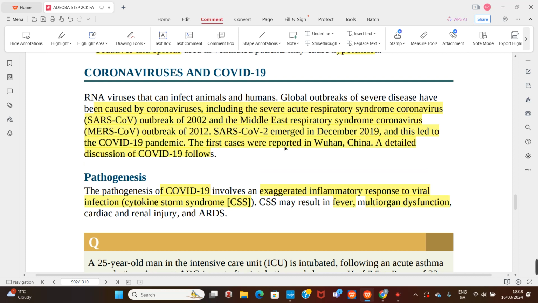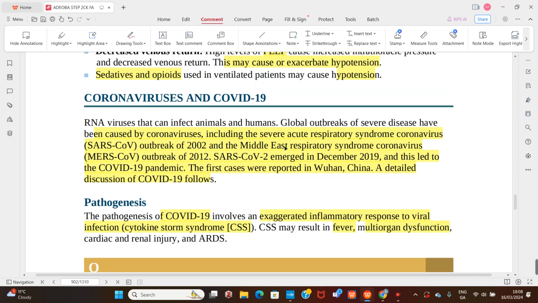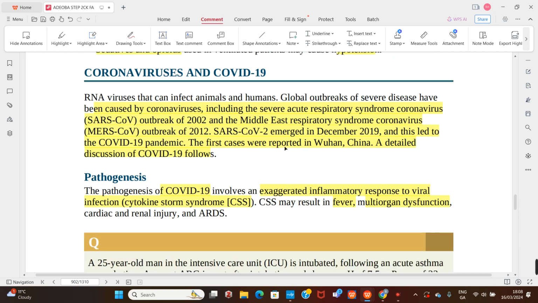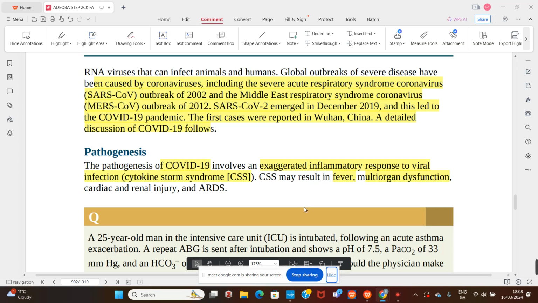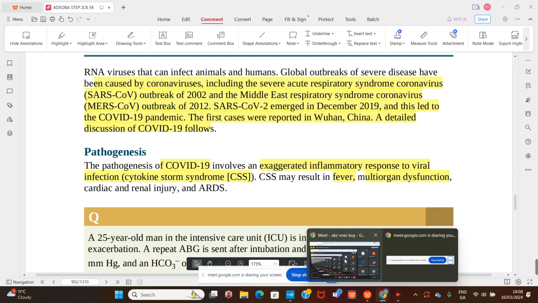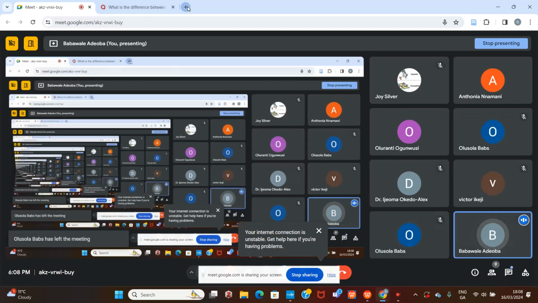Not that, but maybe they affect CMP. I don't really know the exact mechanism, but it has been reported that they actually have that effect. I don't really know much about the mechanism, so I might not be able to give you a response now, but maybe we can check. If you check some journals, you will see it like that.